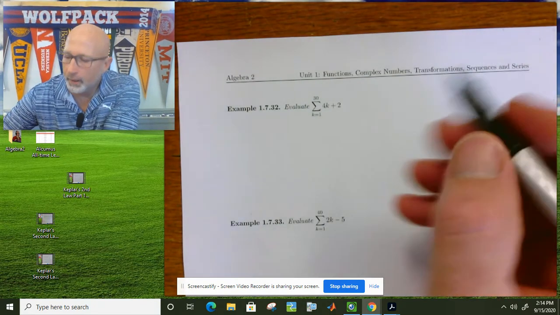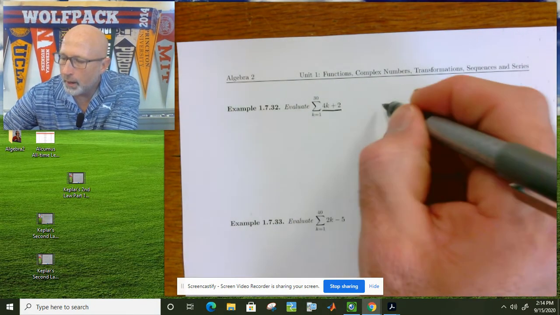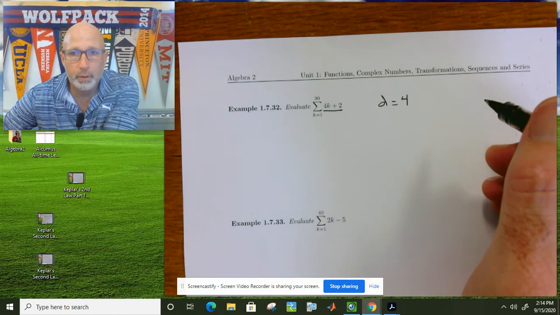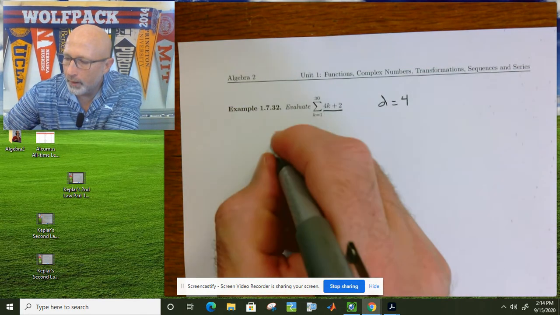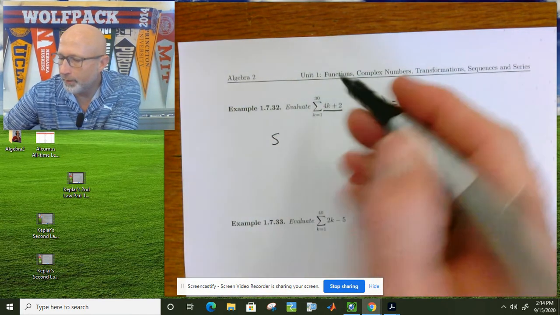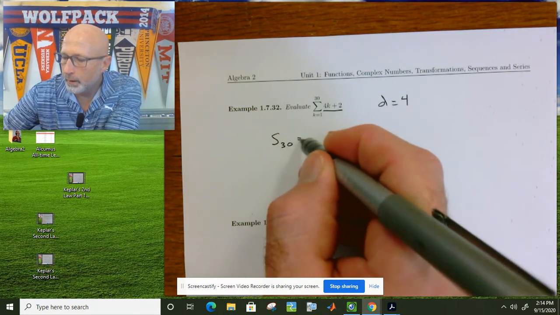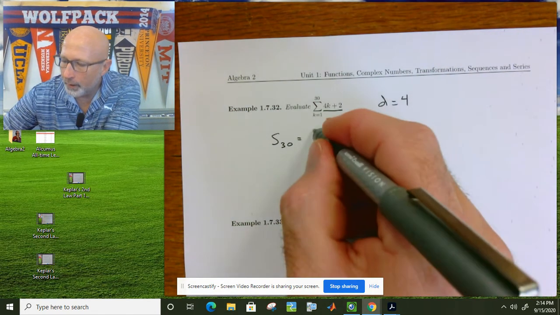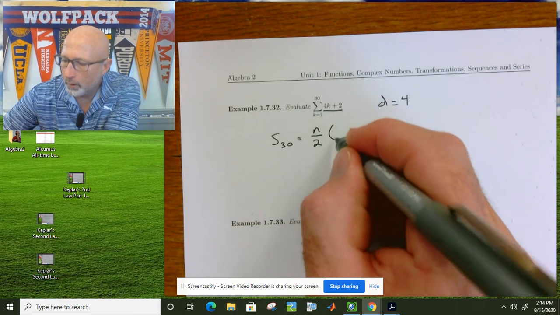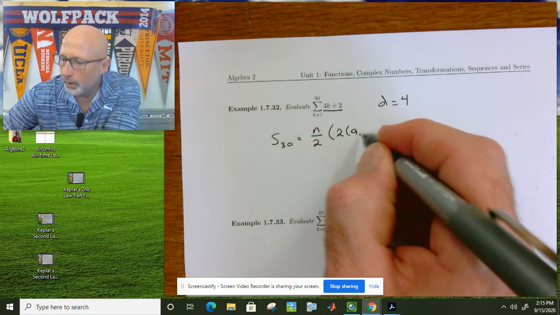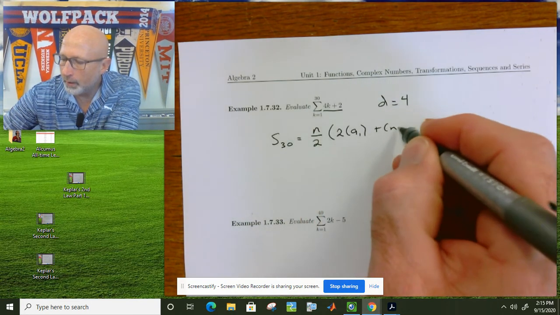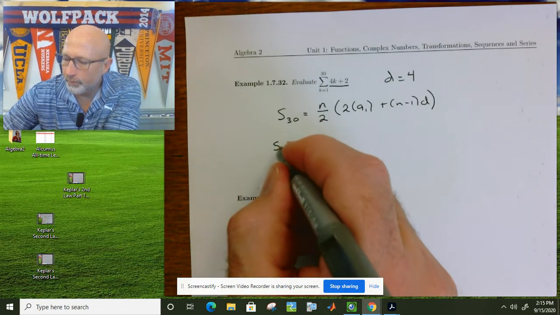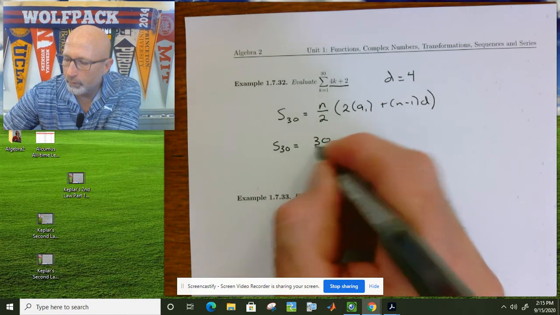Okay, 4 more questions. What I just got done saying is if it's in this form, the common difference here is equal to 4. Pretty simple. So the sum of the first 30 terms is equal to, the formula is n over 2 times 2 times a1 plus n minus 1 times d.